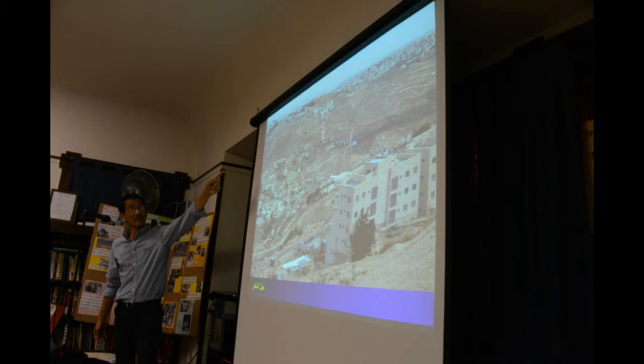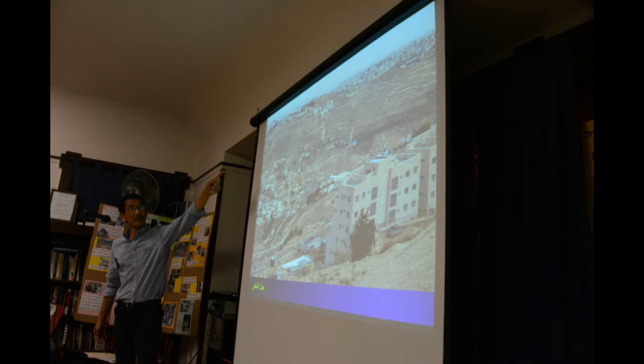And the idea is that in the future, the settlements could expand into the settlement blocks and use them for certain purposes. And the only reason they haven't is because the major settlement blocks are right along the Jordan River, which is well below sea level, and it's very, very hot there. So nobody really wants to live in those settlement blocks.